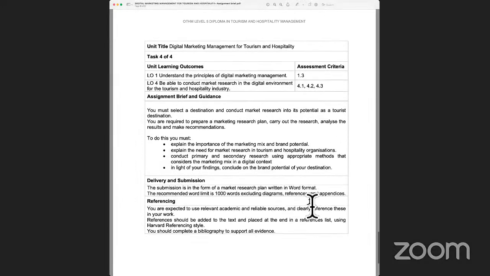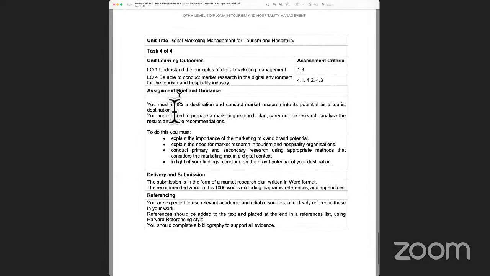Now, the last task in the assignment is something which I have not done, simply because I would want you to do a bit of that at your end. This is about selecting a destination, where you need to conduct a bit of market research. For example, that destination could be Mauritius.